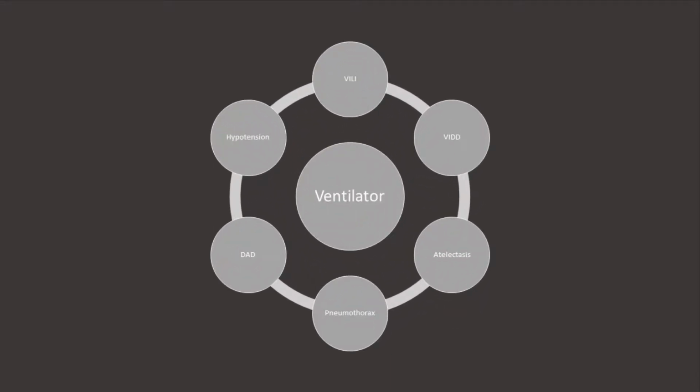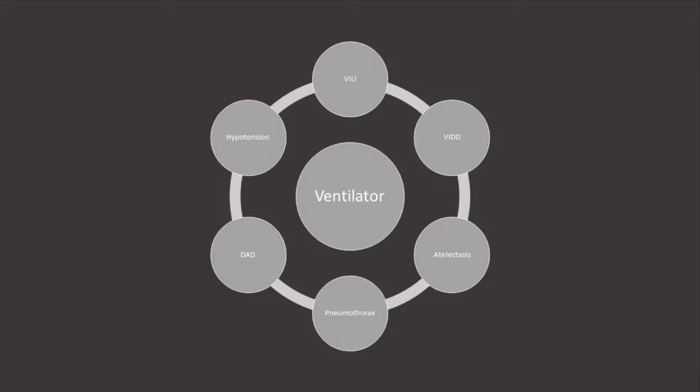The ventilator is also not without its consequences. Ventilator-induced lung injury is an important cause of ongoing damage, in addition to diffuse alveolar damage that can occur by being on mechanical ventilation.